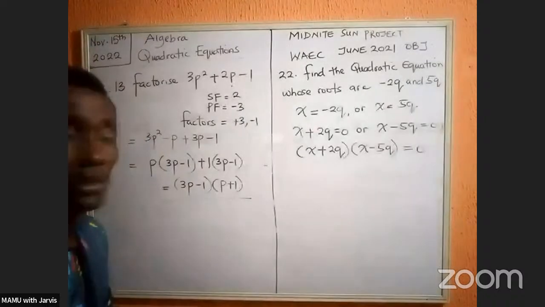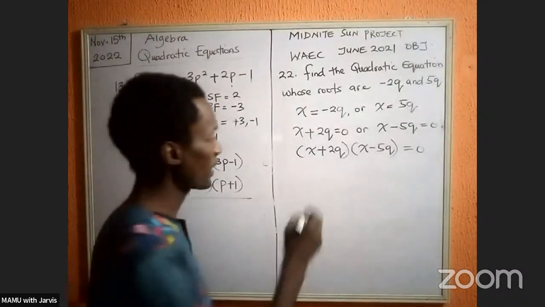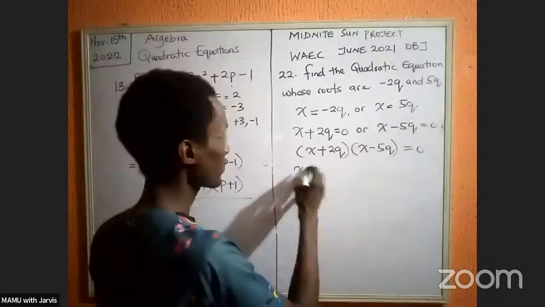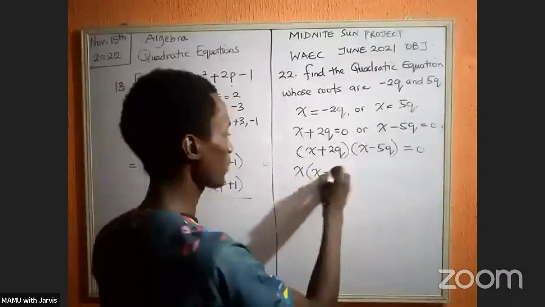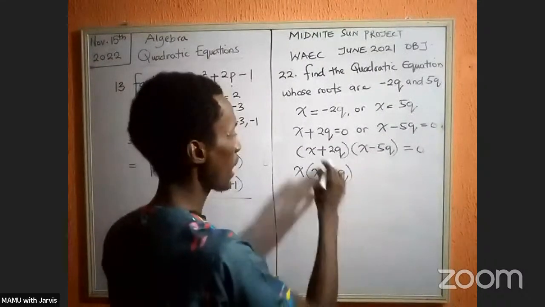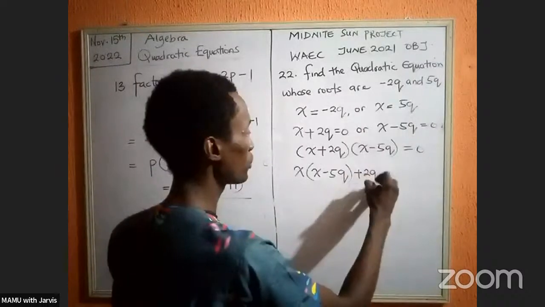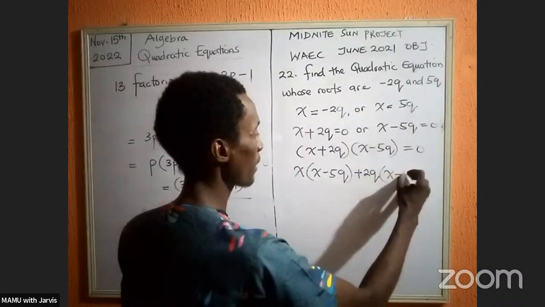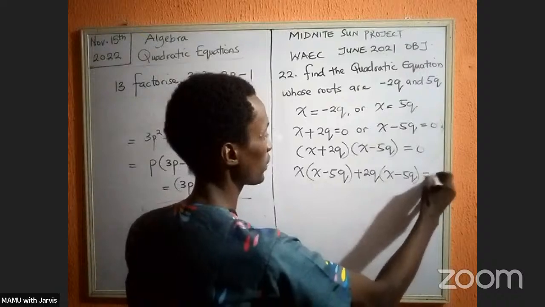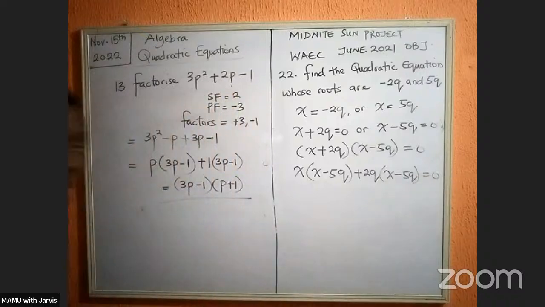Is that understood? So with that said, it means that x can multiply this bracket, x minus 5q, and then plus 2q can multiply x minus 5q equal to 0. Is that understood?